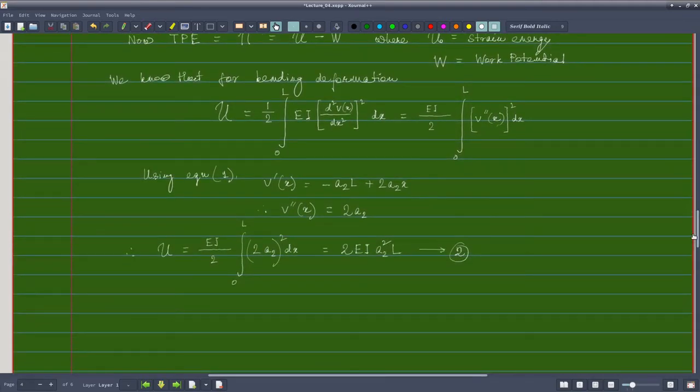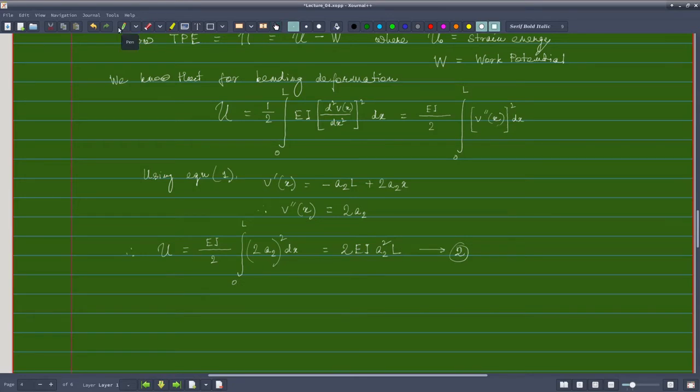And therefore my v double prime will be twice a2, and hence my strain energy of bending will be given by EI by 2 into twice a2 square dx, and it's a straightforward integration, so I will get directly 4 by 2 is 2 EI a2 square into L. So we have the strain energy of bending for the beam for our problem.